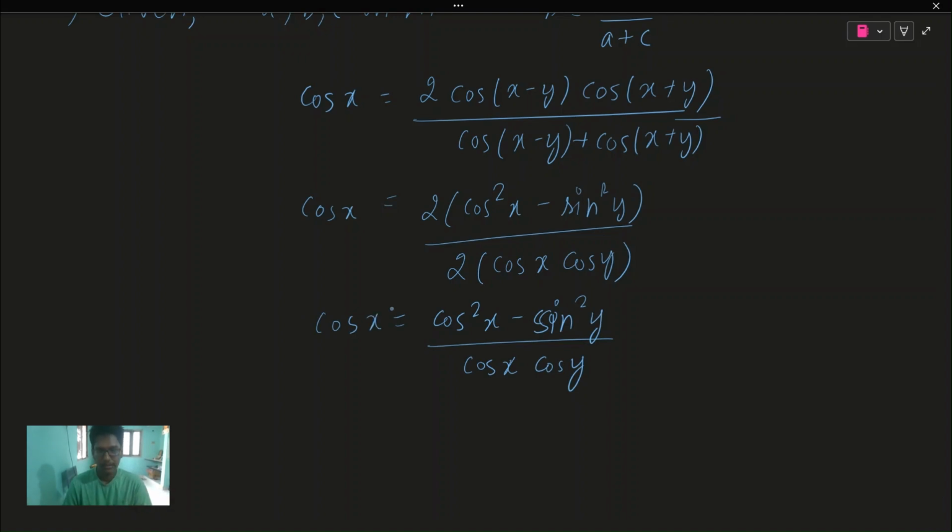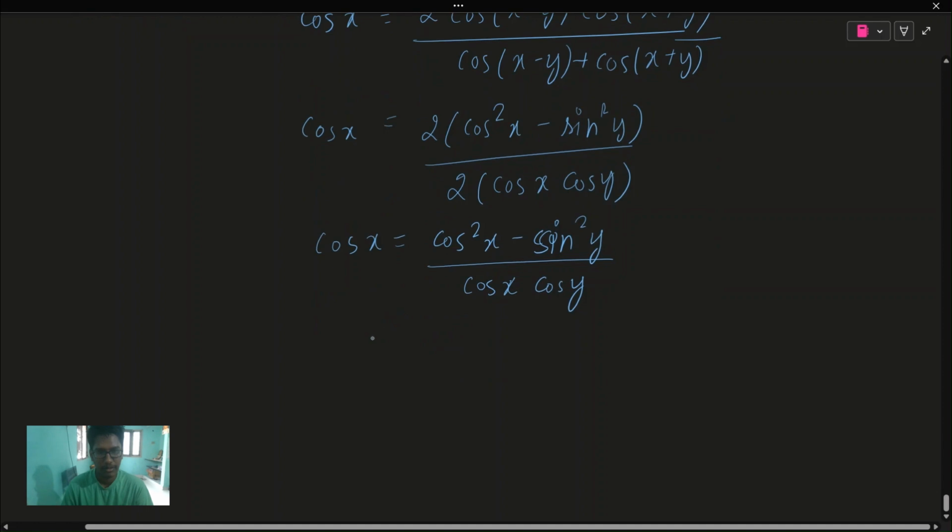So cos square X cos Y is equal to cos square X minus sin square Y. So I am just multiplying.